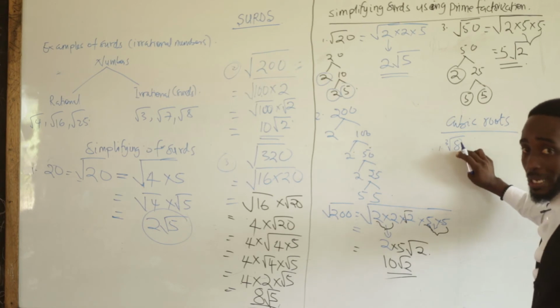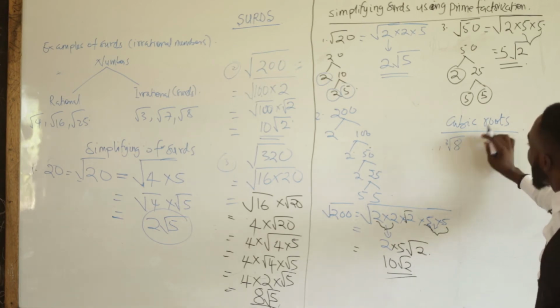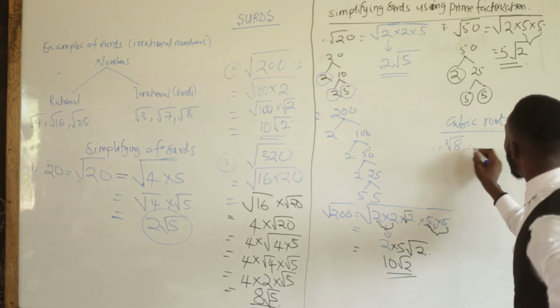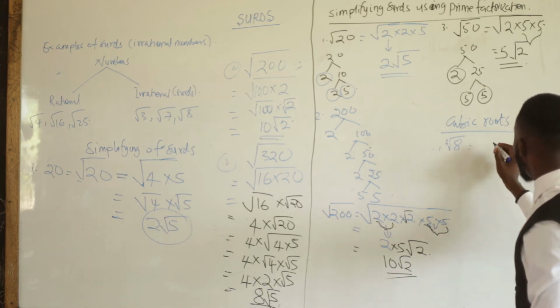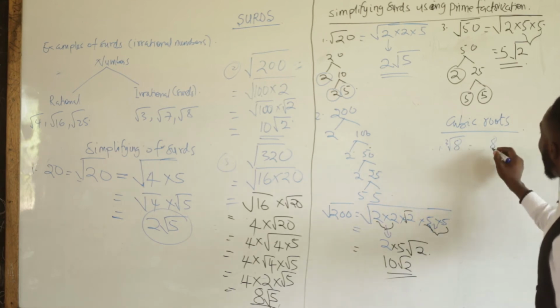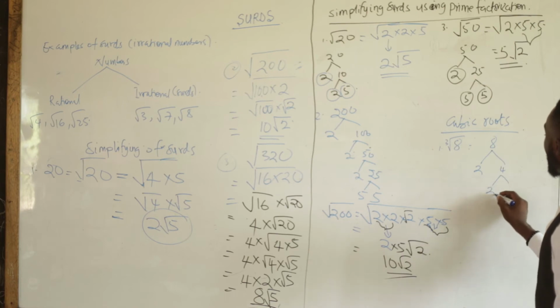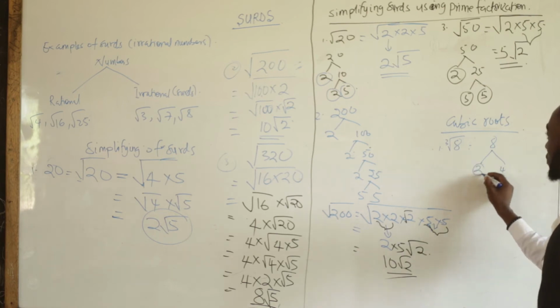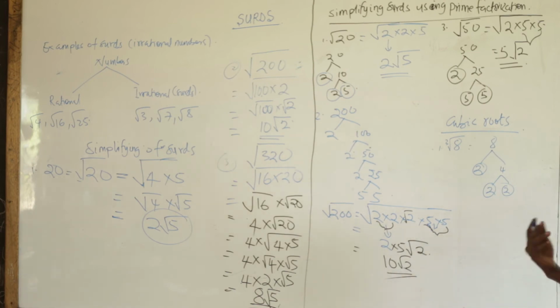This obviously is not a surd because you get a rational number. Now let's express this number as a product of its prime. That would be 2 times 4, 2 times 2. 2, 2, 2.